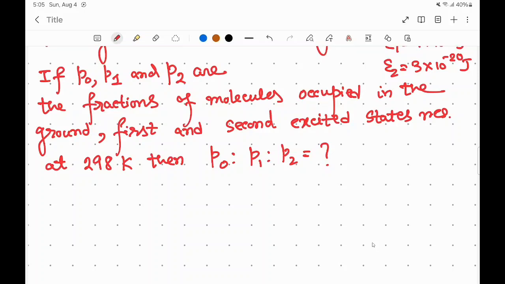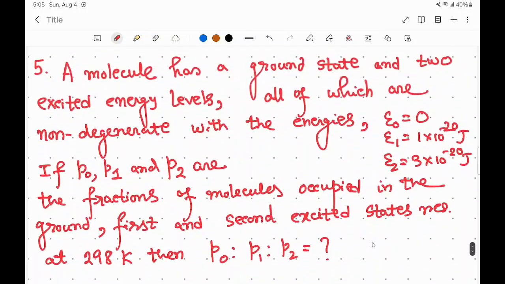Can you please scroll up? Total energy of the system is not given.